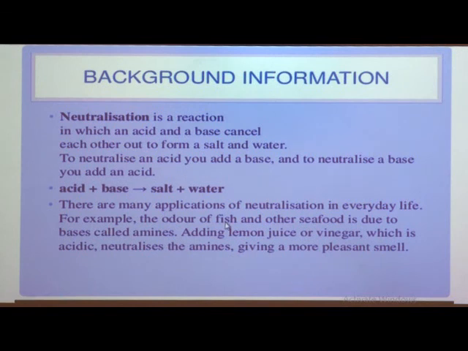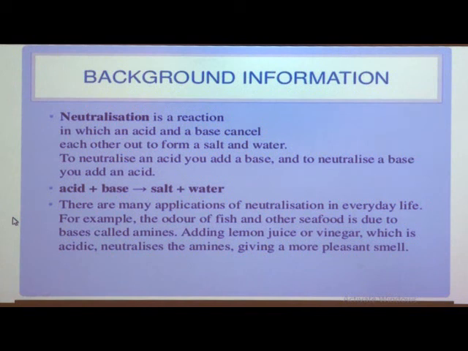Whatever basic effect is there is cancelled by the acid, and whatever acidic effect is there is cancelled by the base, and this process is known as neutralization. So here you can see, to neutralize an acid. That is why we do not say we cancel the effect of acid or of base; now we say to neutralize.